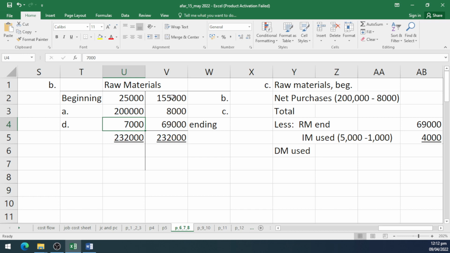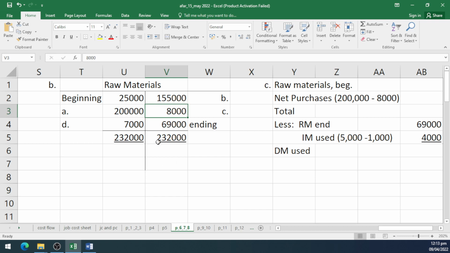And then you have credit 155,000. Yan po yung issuance. 150,000 dyan po ay direct at yung 5,000 indirect. And then credit 8,000 for the return to the suppliers. Debit accounts payable and credit to raw materials.